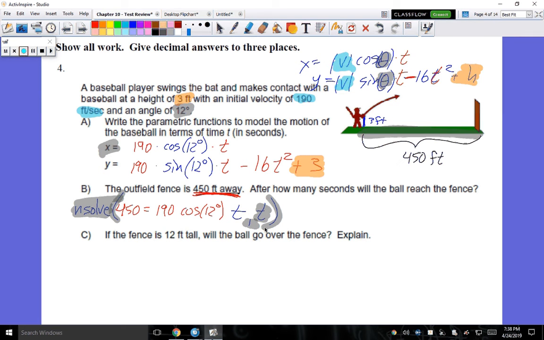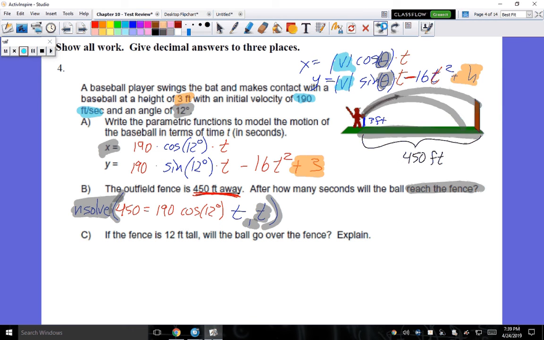Okay, so we want to see how many seconds it would take to reach the fence. We're not saying whenever it touches the floor, okay? Because it could do this, or it could hit the fence, or it could go over, and we're not trying to see when it will hit the ground.